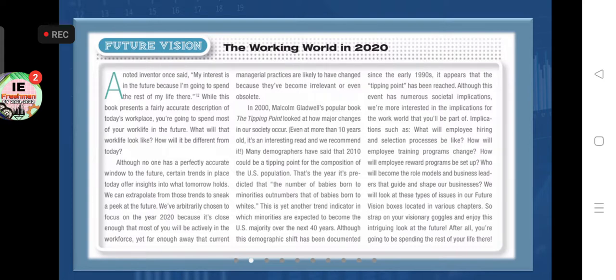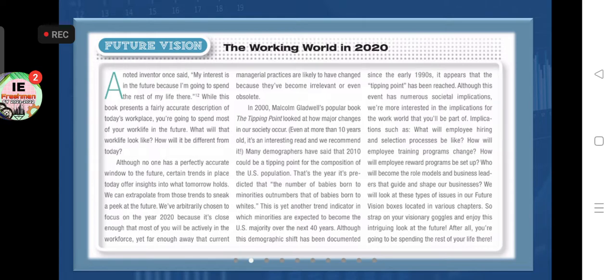We're more interested in the implications for the work world that you'll be part of, implications such as what will employees' hiring and selection process be like? How will employees' training programs change? How will employees' reward programs be set up? Who will become the role models and business leaders that guide and shape our businesses?